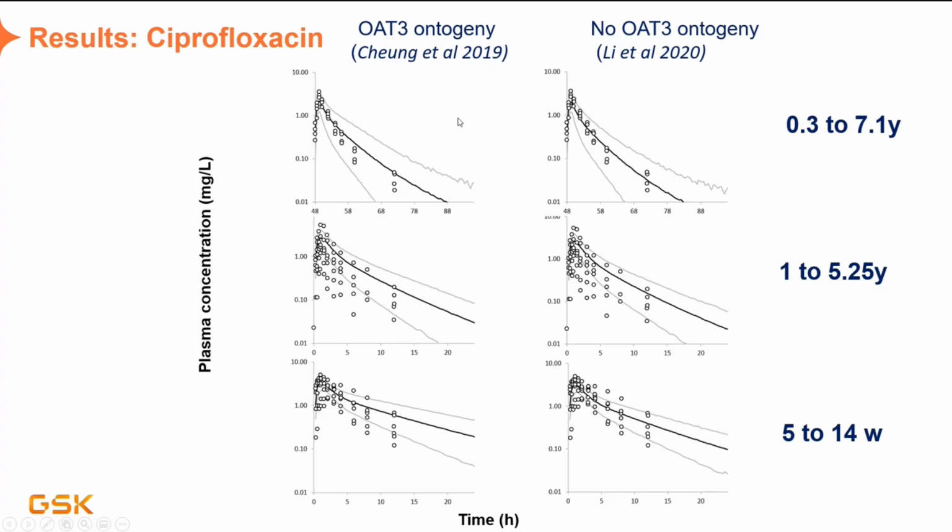And one of them is showing age-related change, especially in the younger age group. If we look at it, we see it may be better. And then the Lee et al., which shows no age dependency.